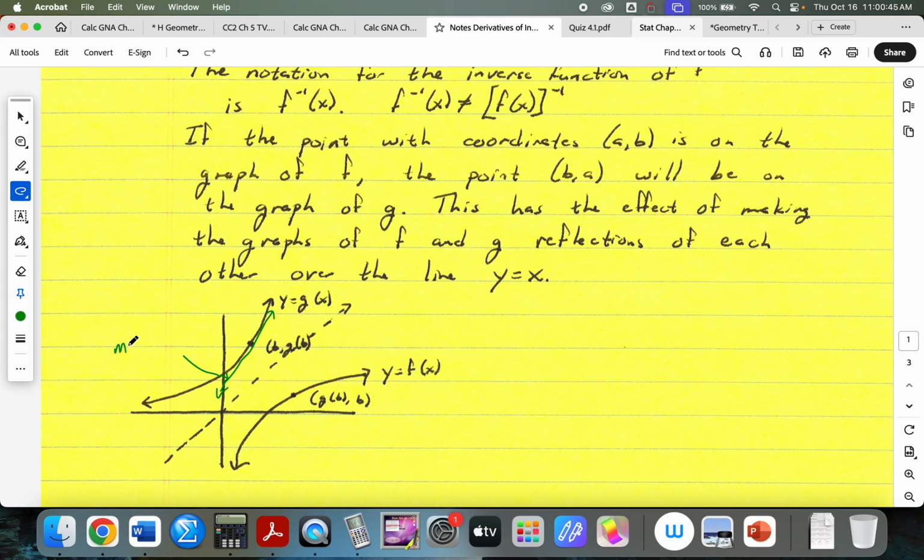The slope of that line is going to be equal to g prime at b. Everybody with me on that? Down here, the slope of this line will be equal to f prime at g of b.